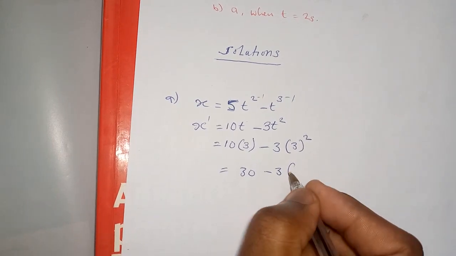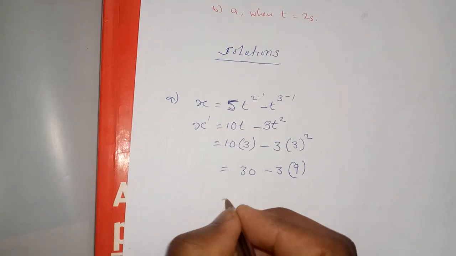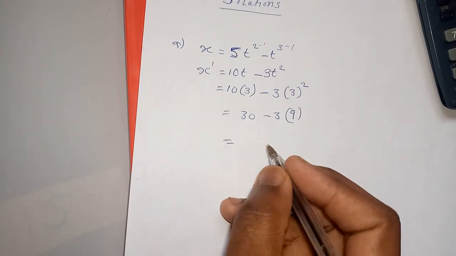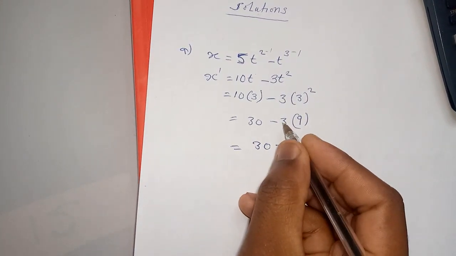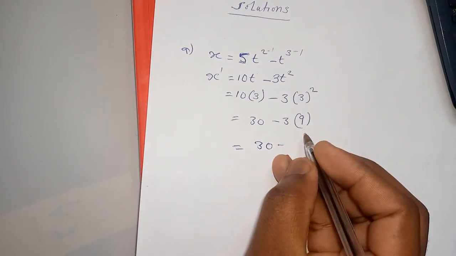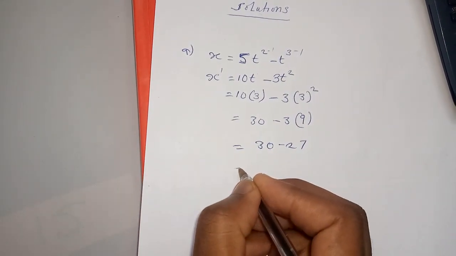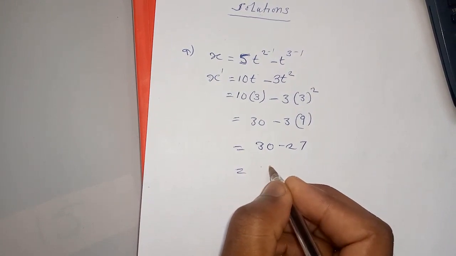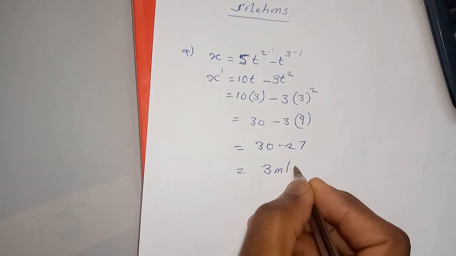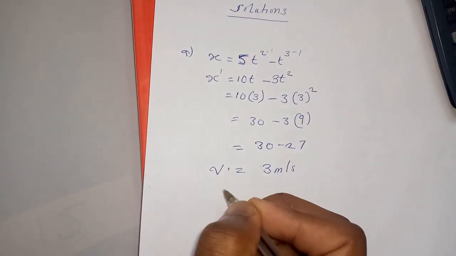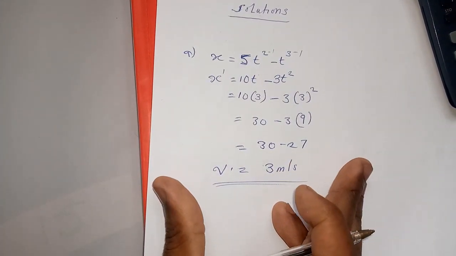That's 9, because that's 3 times 3. 9 times 3, we know is 27, so our x prime is basically equal to 30 minus 27, which is 3 meters per second, since it's velocity that we are looking at. So that's our velocity. Let's proceed to our acceleration.